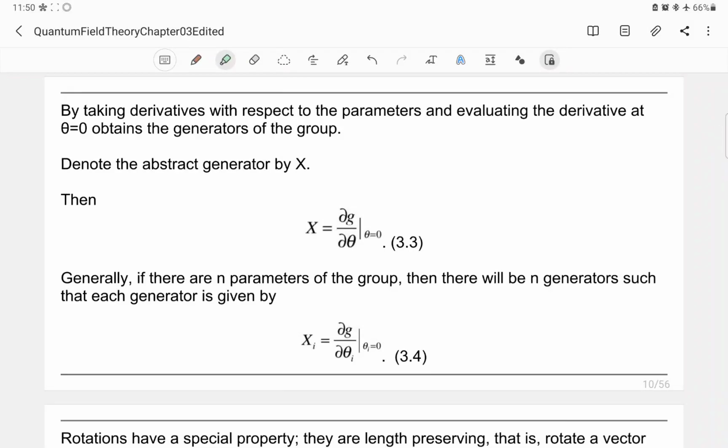By taking derivatives with respect to the parameters and evaluating the derivative at theta equal to 0, we obtain the generators of the group. So if we denote the abstract generator by X, then X would have to be in this form.